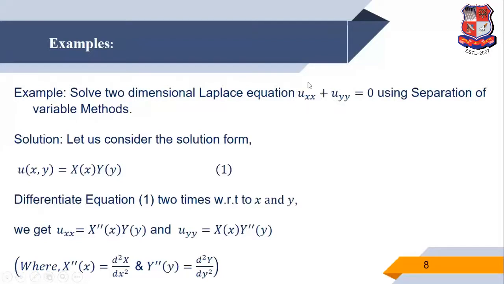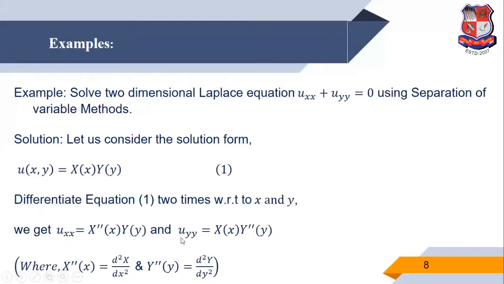So first we find del square u by del x square, that means we differentiate equation 1 with respect to x two times. So we get uxx is equal to X double dash Y. Similarly, differentiating equation 1 two times with respect to y, uyy is equal to X Y double dash, where X double dash is obviously a second order ODE, and Y double dash is a second order ODE.